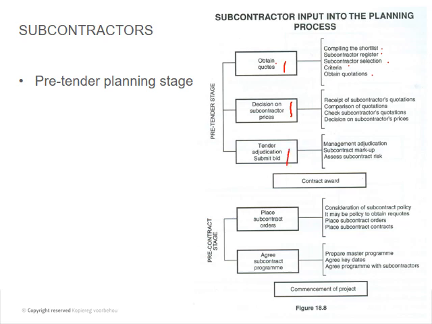So they submit their tender, the tender evaluation is done, and if they get awarded, they place the subcontractors' orders, agree on a contract program, and commence with the project. So it's very similar, the same motions that the main contractor goes through, the subcontractors go through.